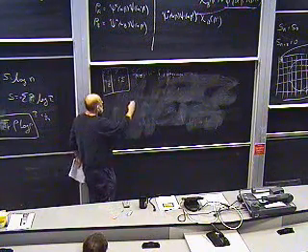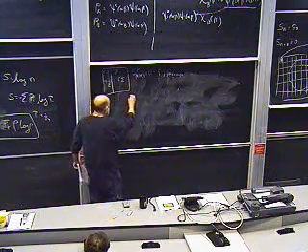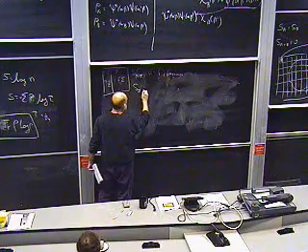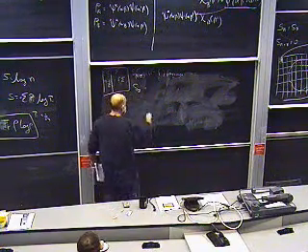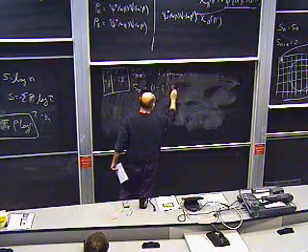So we can immediately conclude that in the bigger system, S of sigma is also equal to 1 minus f times the thermal entropy.